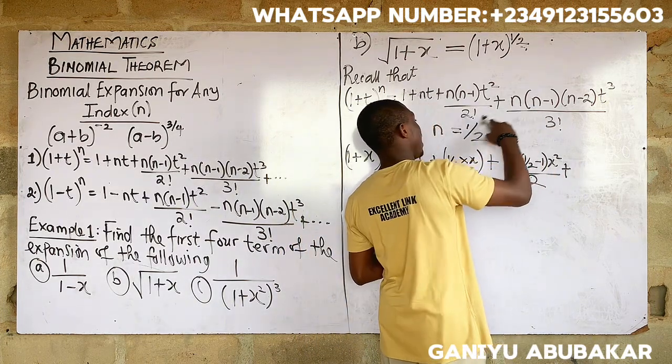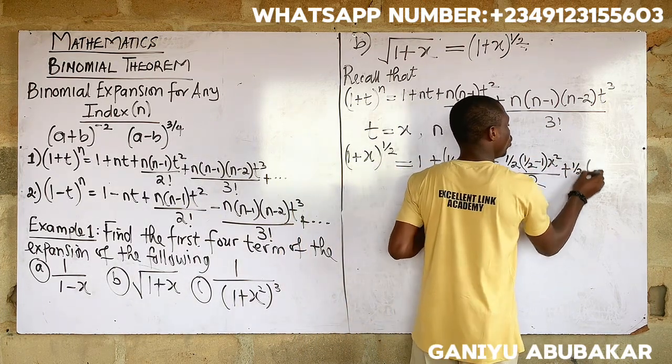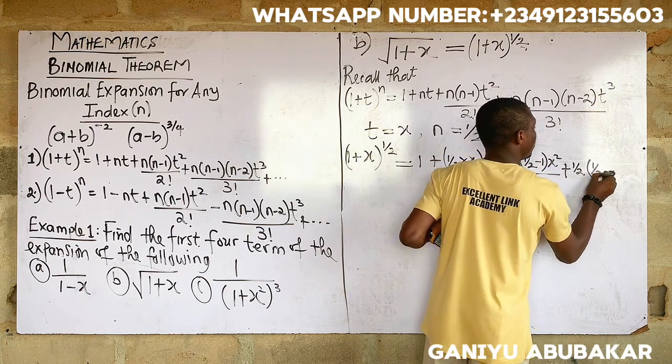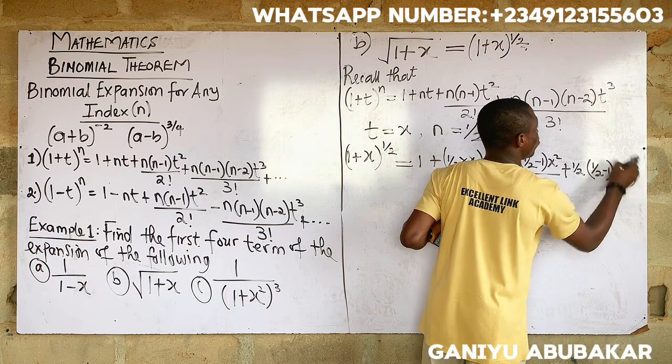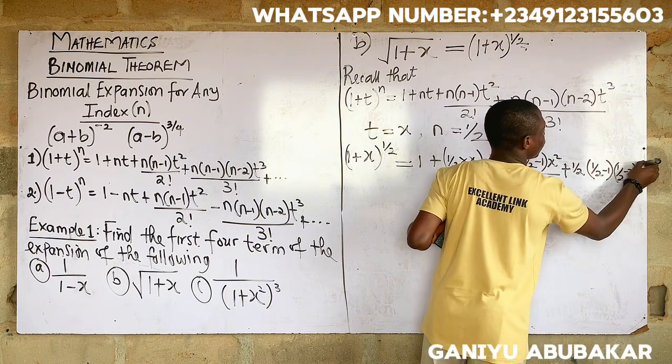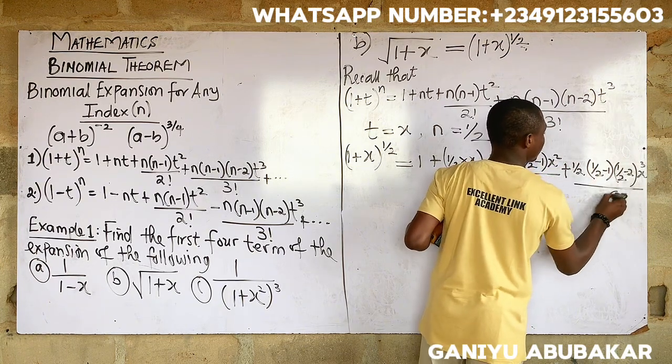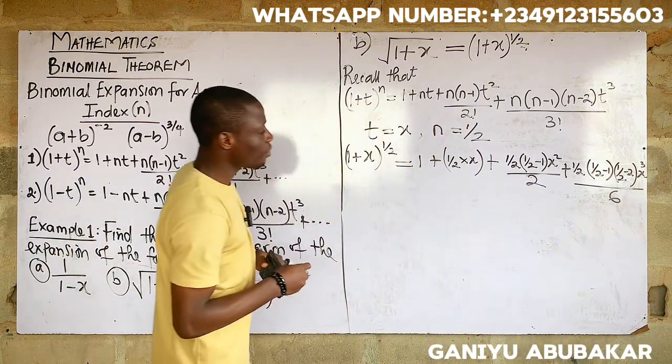What's your n here? Half. I have half into half minus 1 into half minus 2. What's x here? That's x cubed over 6. So I have this one here.